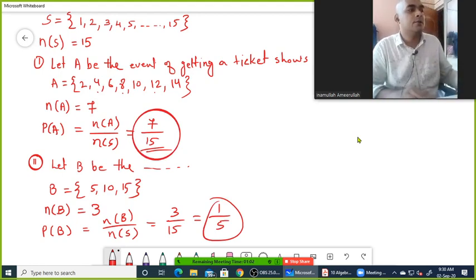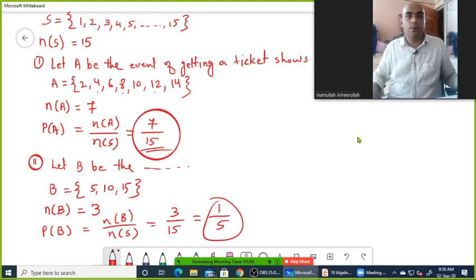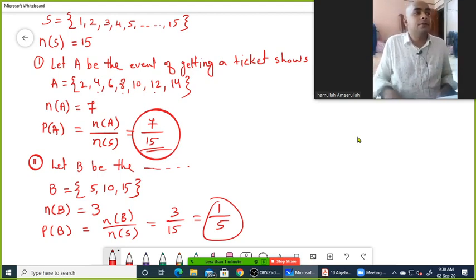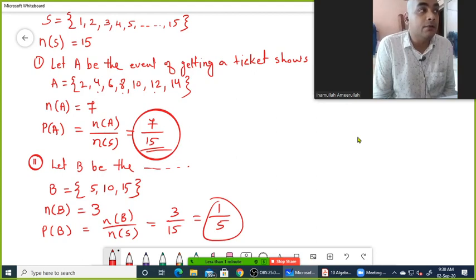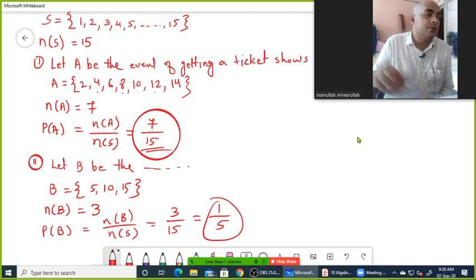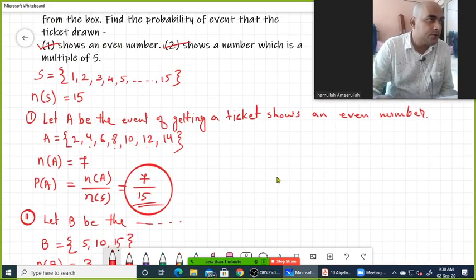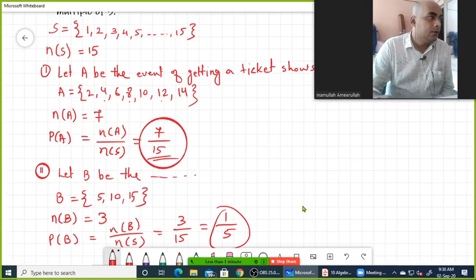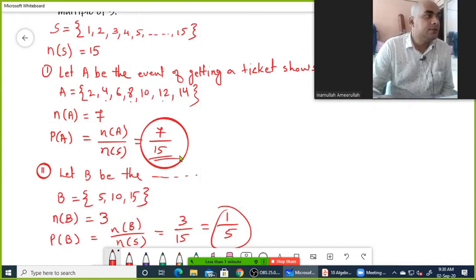So these are two probabilities, 7 by 15 for the ticket bearing an even number, and 1 by 5 for probability of B, the ticket showing a multiple of 5. So this is your complete solution for this question.